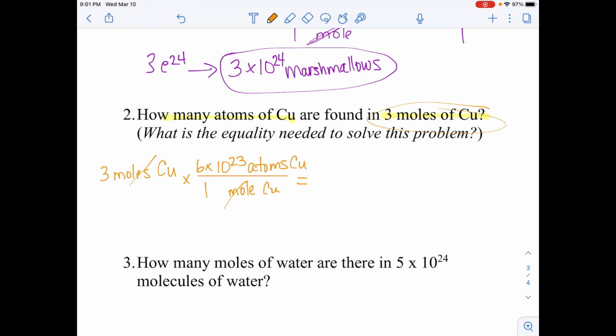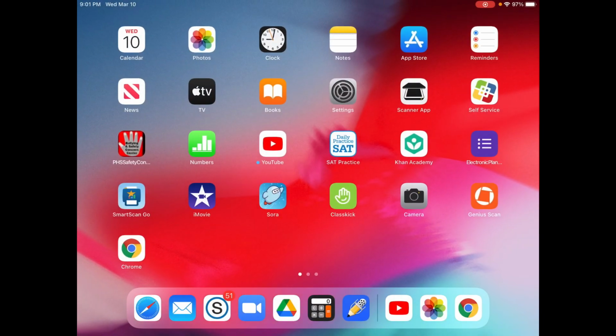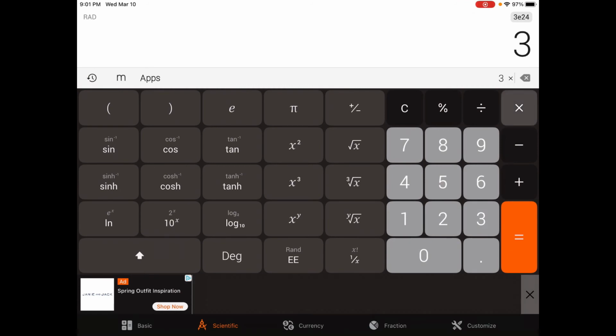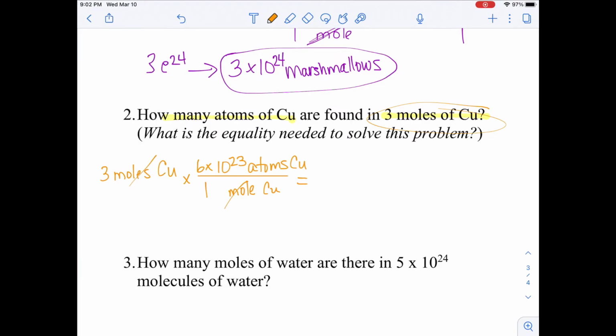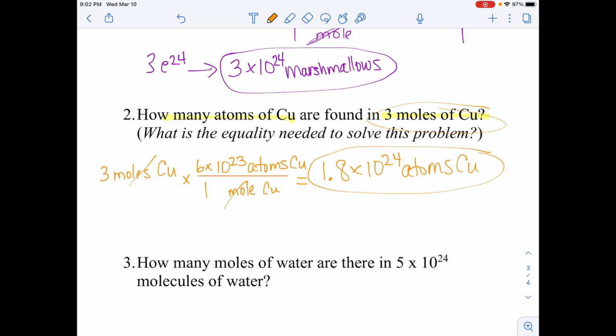So then in our calculator, we're going to take 3 times 6 times 10 to the 23rd, and we get 1.8 times 10 to the 24th. And you notice there's no numbers besides 1 in the denominator that we have to divide by. So that is our final answer.